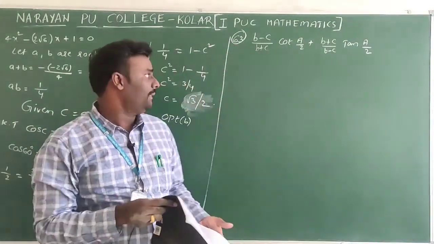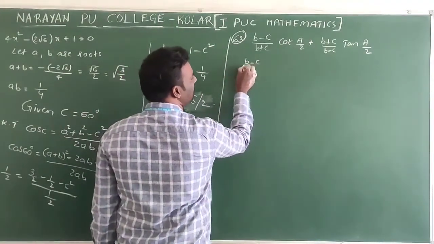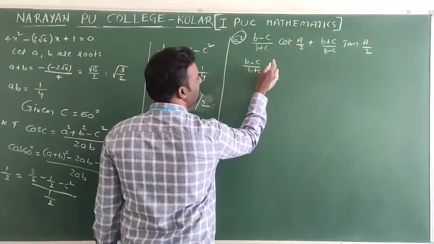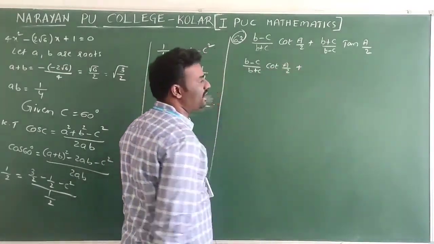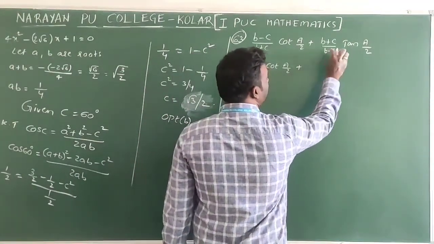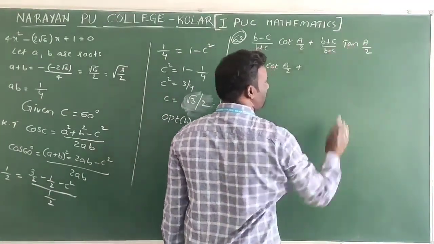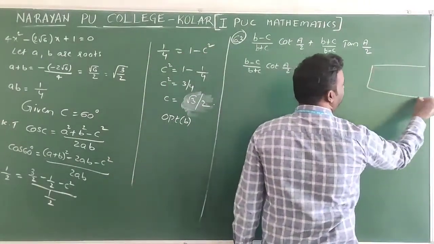Okay, listen, this can be written as b minus c by b plus c into cot a by 2. Actually, this formula reverse is there. That's why I can write, b minus c by b plus c into tan a by 2, cot a by 2, you know that formula here, I am writing here.